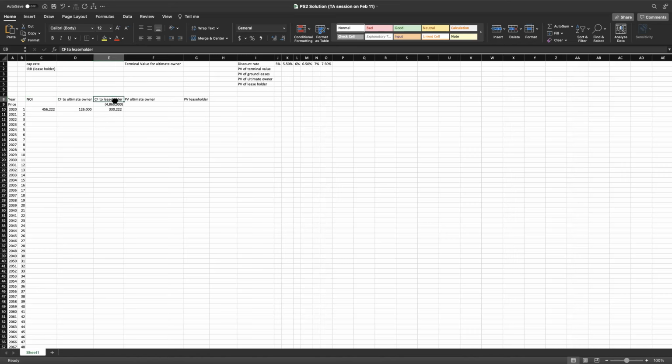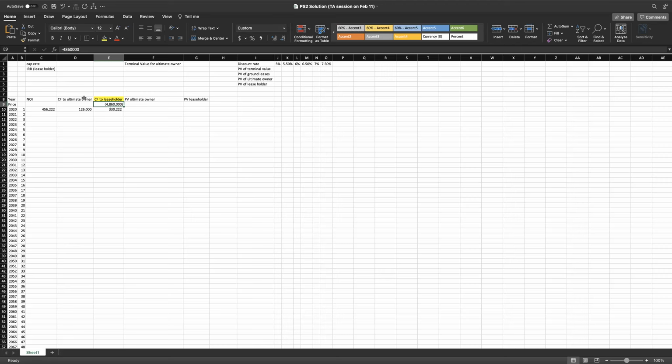Those are for the leaseholder. In other words, if you pay the $4.8 billion, which is the number here, you get the cash flows as a leaseholder.